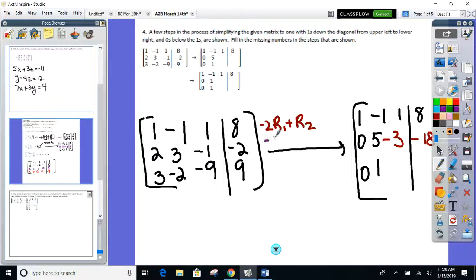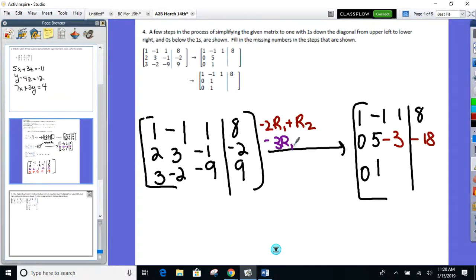So -3 times row 1, then add it to row 3, which I'm going to replace. Does that make this -2 go to a 1? I got to check that too. Ready? -1 times -3 is 3, plus -2 is 1. Okay, we're good. Fill in the rest of the row.